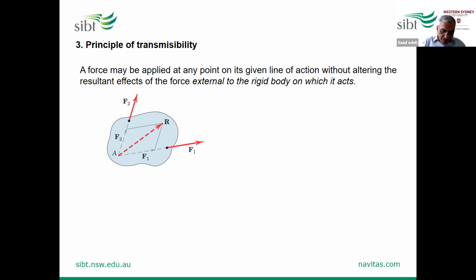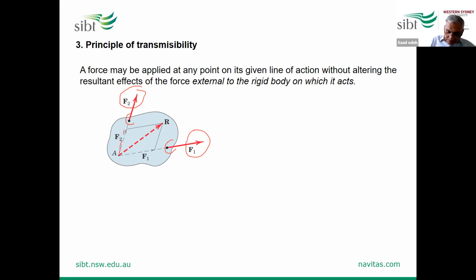If we have force F1 and force F2, each acting on the edge of the object, for example F2 acting on this point and F1 acting on this point, I can extend the force along the same line downward, and the same for the other one.